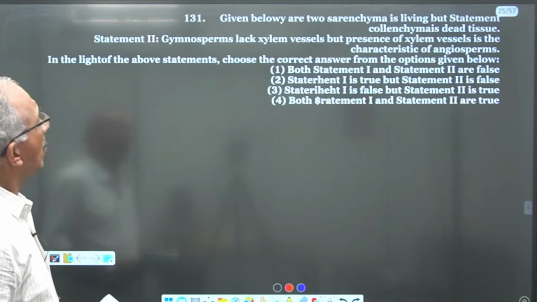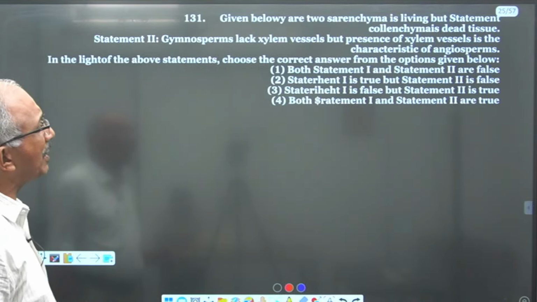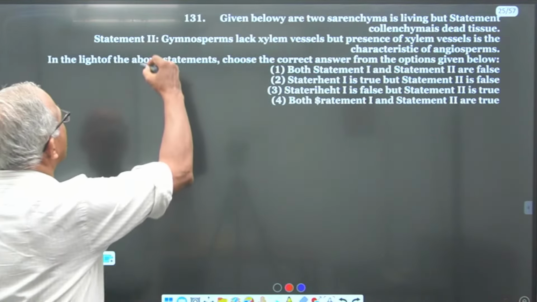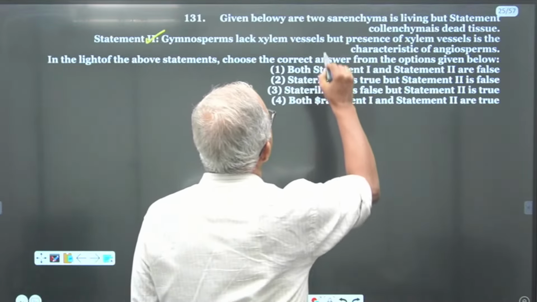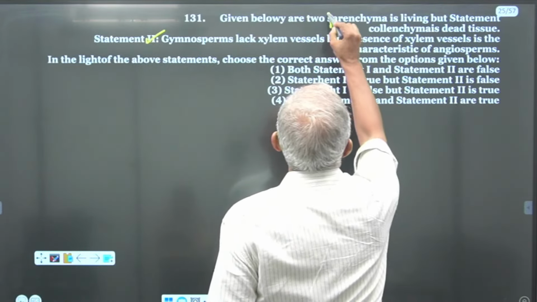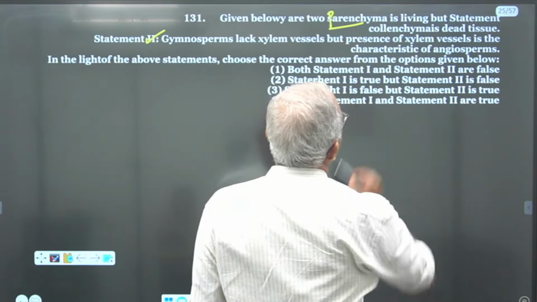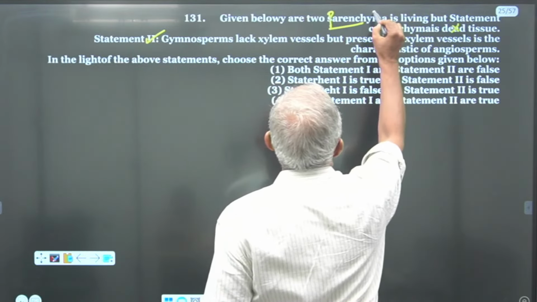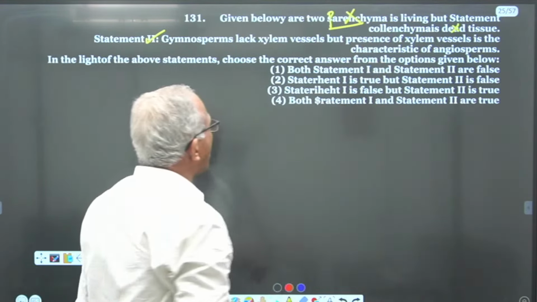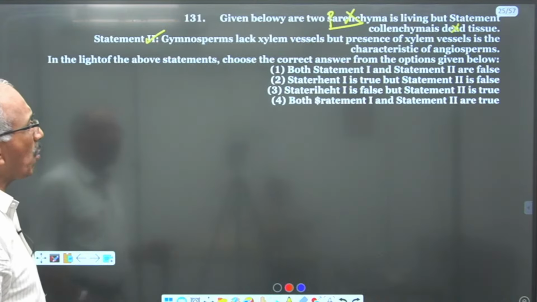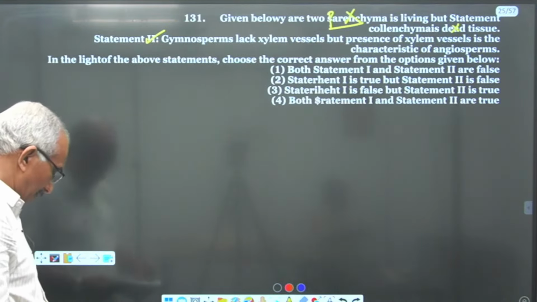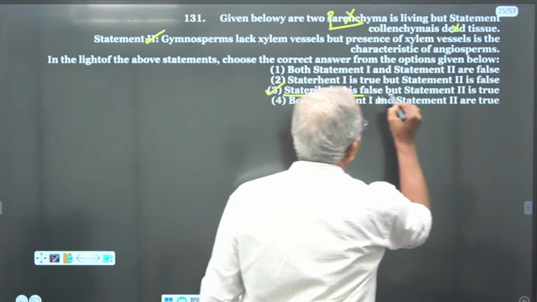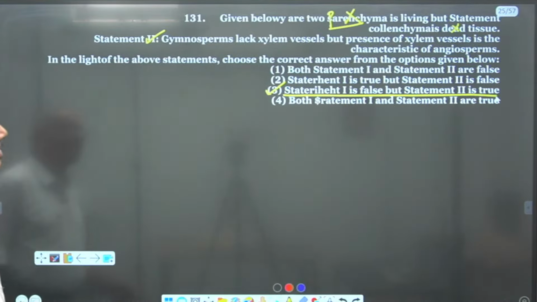First statement, gymnosperms lack vessels but presence of vessels is a characteristic of angiosperms. The statement is correct. Statement 1 is this, that is, parenchyma is living but collenchyma is dead. Collenchyma is also living. So statement 1 is wrong. Statement 2 is correct. Statement 1 is false, statement 2 is true. Answer is 3.